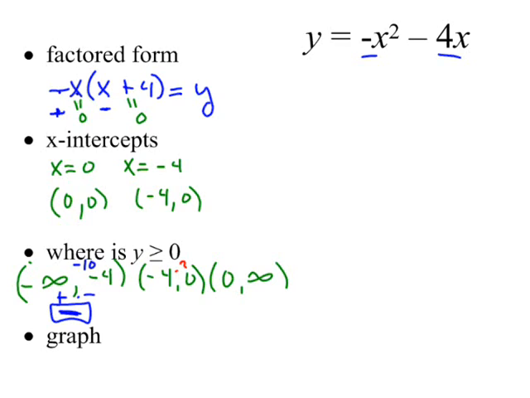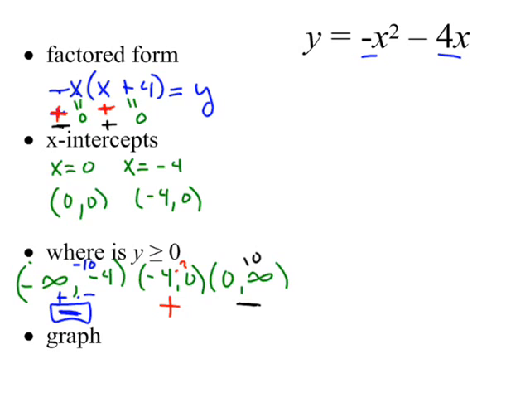Negative will end up being positive again. -2 plus 4 now ends up being a positive number, and so you have a positive number times a positive number, which is a positive number. And then if I pick a big number, -10 would be negative, 10 plus 4 would be positive, a negative times a positive ends up being negative.